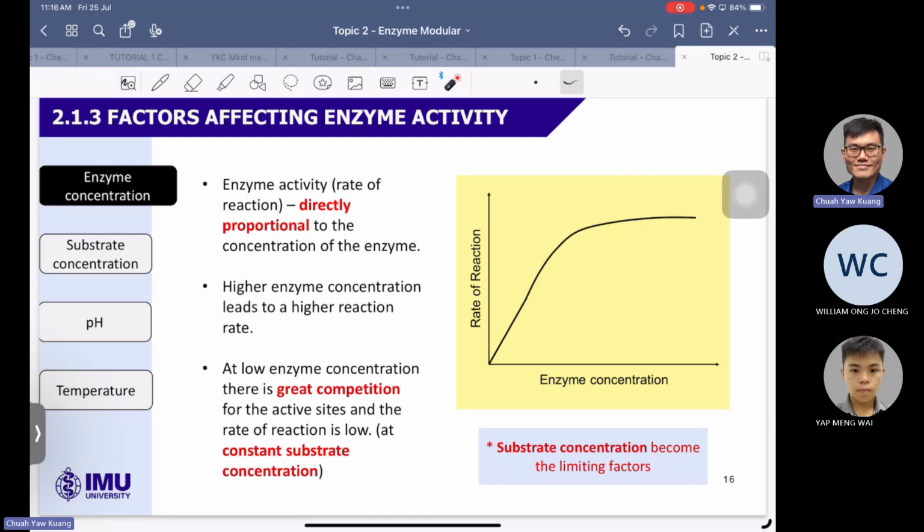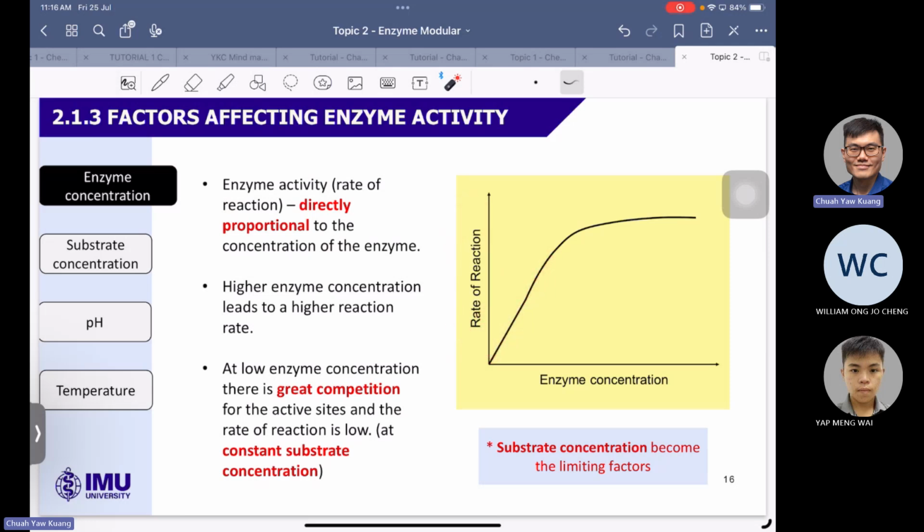So what is the relationship between the factor and the rate of reaction? For enzyme concentration, the relationship is directly proportional. Directly proportional means that the higher the enzyme concentration, the higher the rate of reaction. It will be increasing.